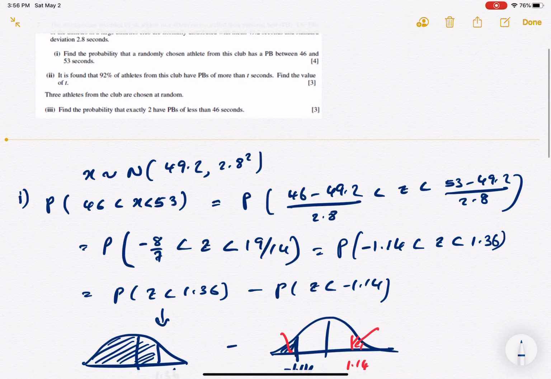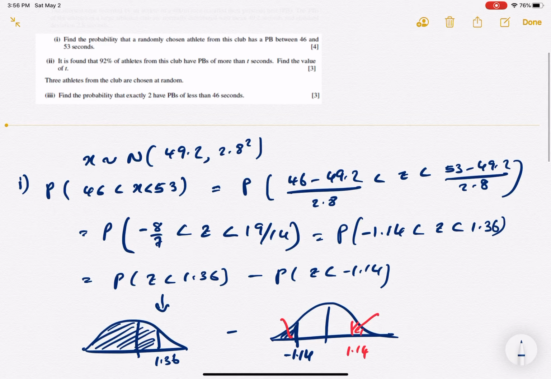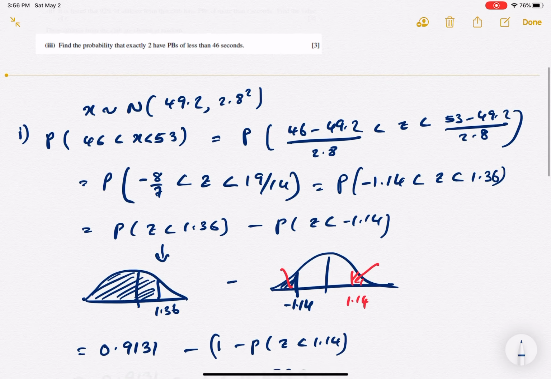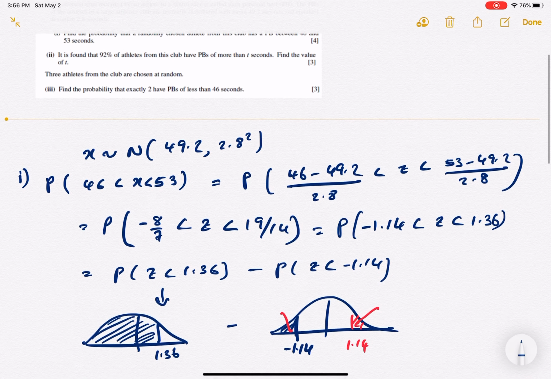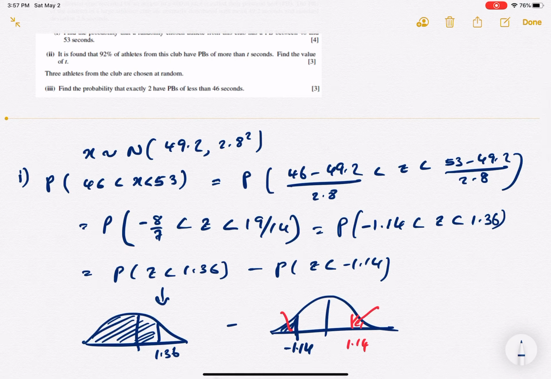All right, so next they say 3 athletes from the club are chosen at random. Find the probability that exactly 2 have personal bests of less than 46 seconds. So let's find the probability of it being less than 46 seconds first. We simply found that over here.